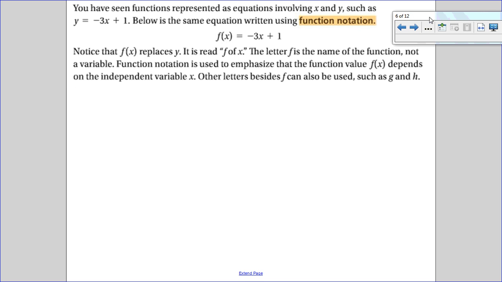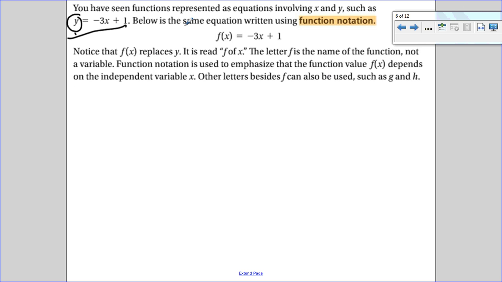Last thing is function notation. Function notation is pretty easy. It basically just takes your equation and replaces the dependent variable, which in this case is the y, with f of x. What the f represents is like naming the function. So if we say, this is your function, we're going to call that function f.